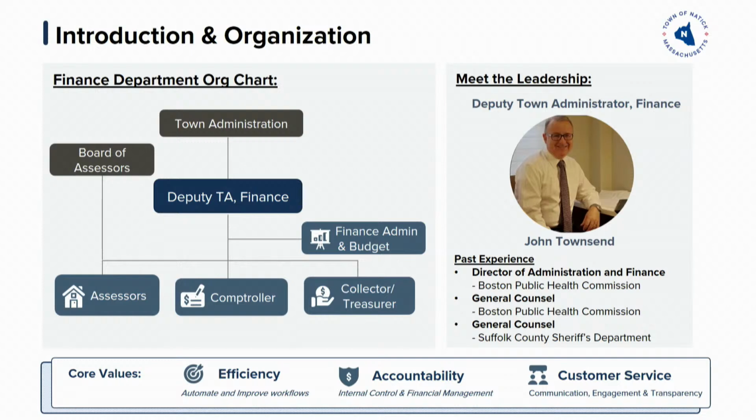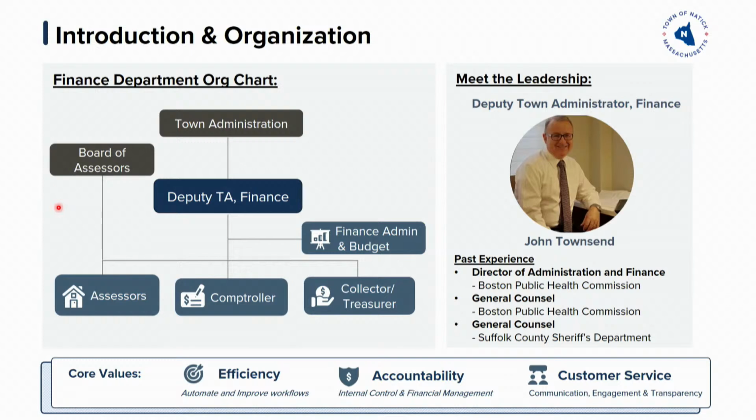The other 3 divisions of the Finance Department, first of all, is the assessors. If you look at the organization chart there, you'll see the Board of Assessors above that. They provide some guidance and oversight with regards to the assessor and how we do assessing in the town of Natick. We are very fortunate to have the Director of Assessing, Eric Henderson, with us this evening.